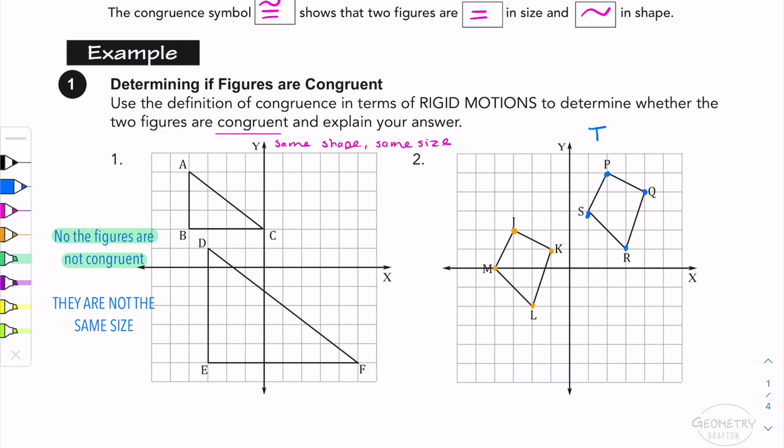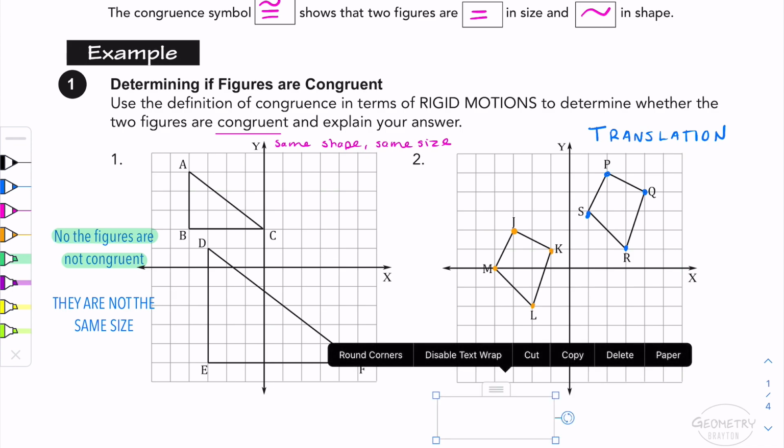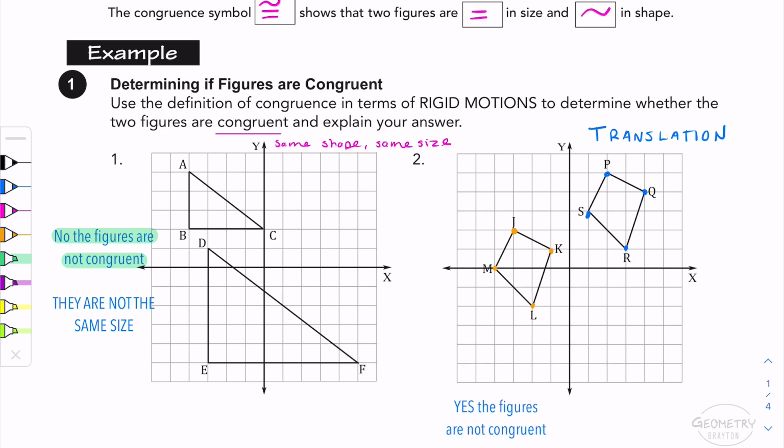It appears that it made a translation. And yes, it is in fact a rigid motion, so these are congruent figures. Yes, these figures are congruent. That should say are congruent.